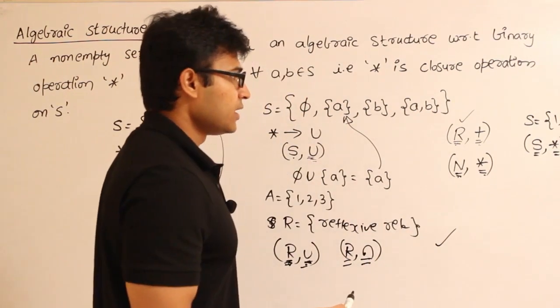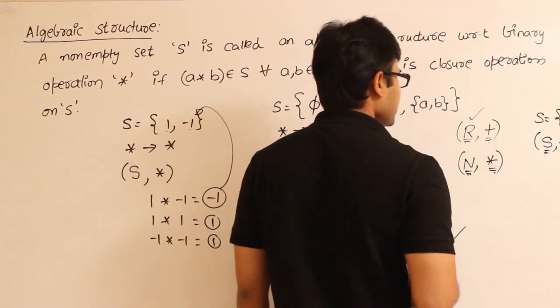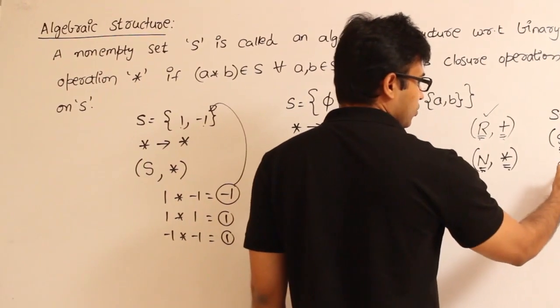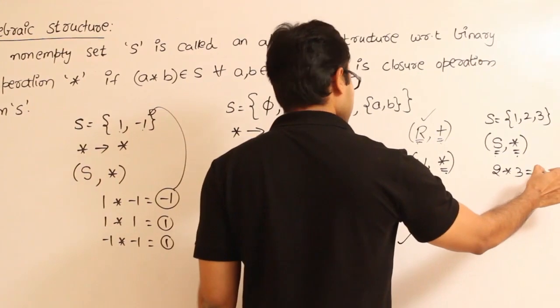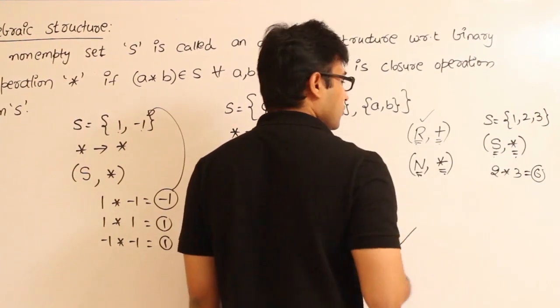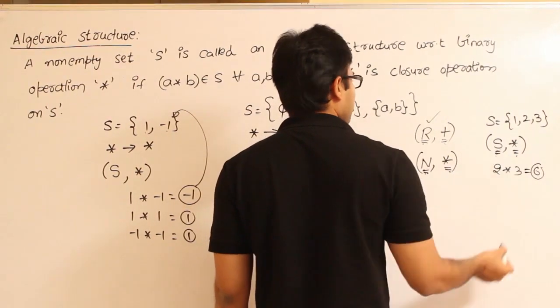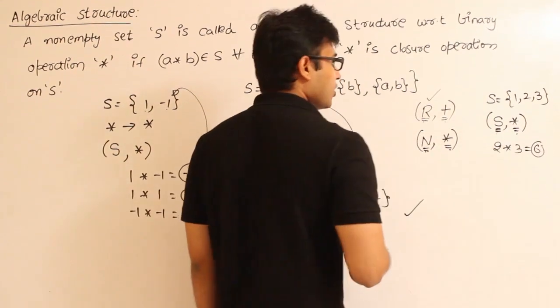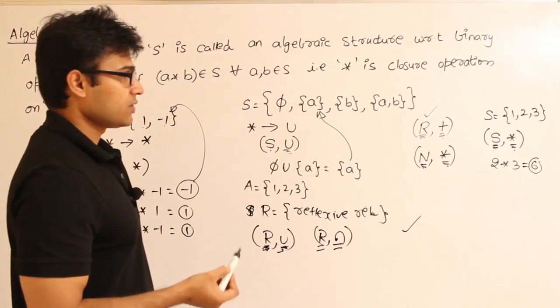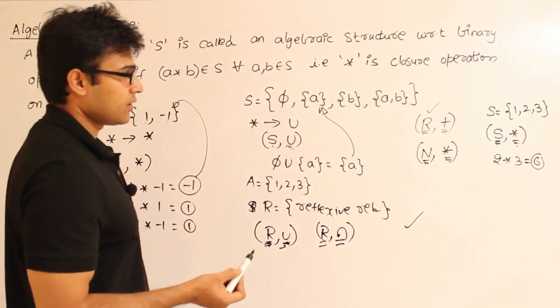Then definitely the set S is not closed under multiplication. The reason is, if I multiply 2 and 3, the result is going to be 6, and 6 is not present there, therefore it is not closed. So we cannot call S an algebraic structure with respect to the operation star. Got it?